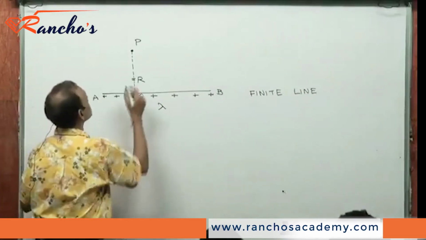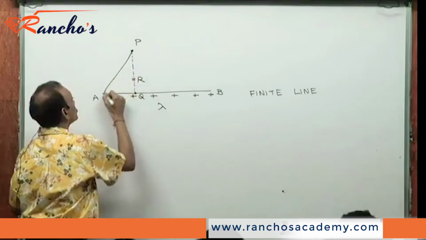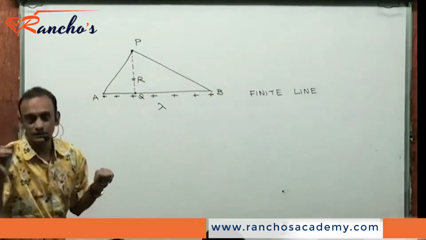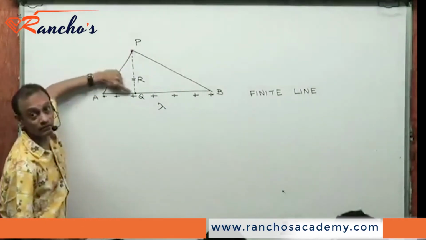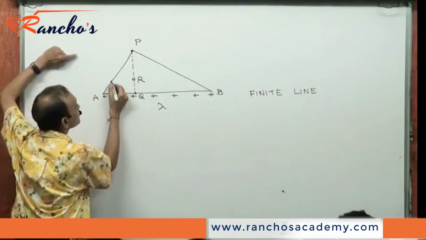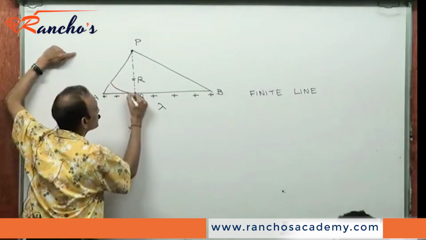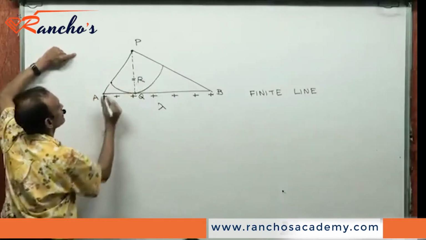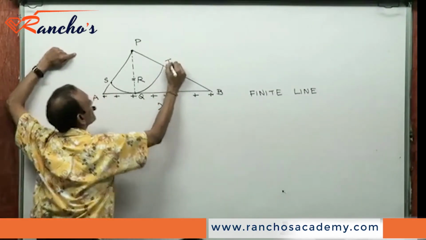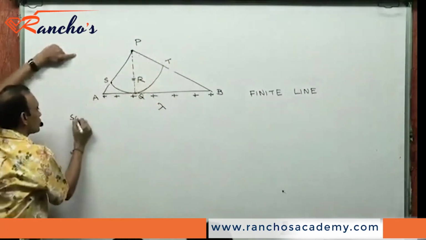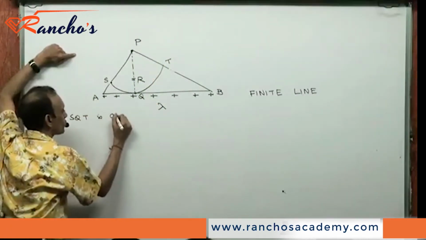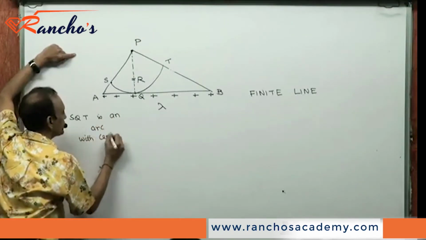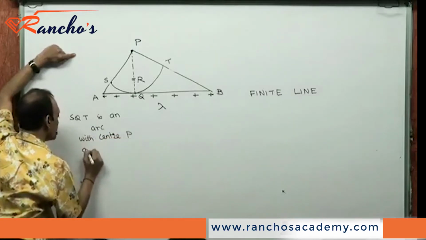All that you need to do is join P to A, join P to B, and draw an arc with center P and radius R. This is an arc, SQT is an arc with center P and radius R.